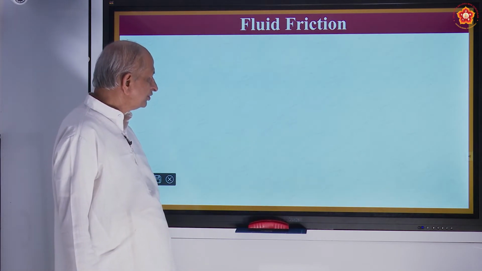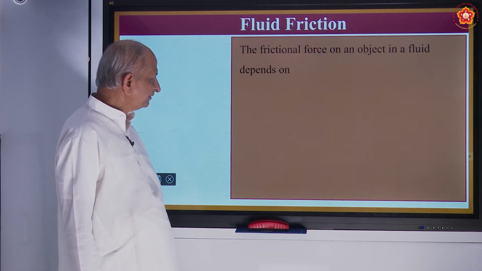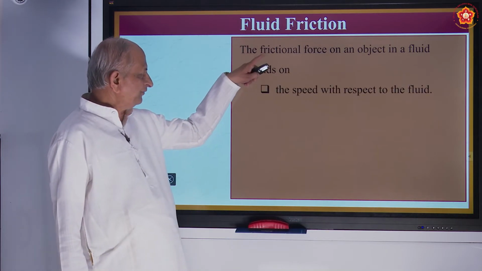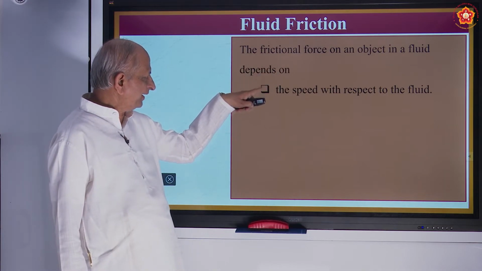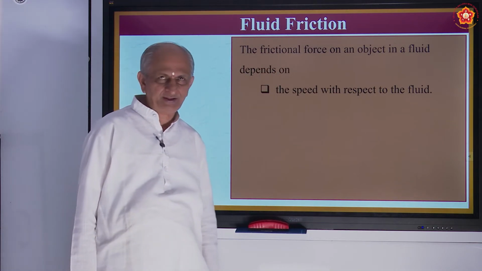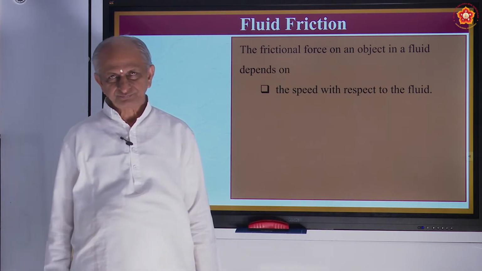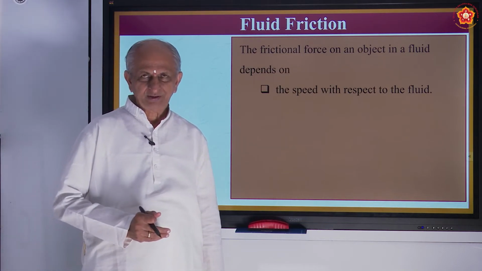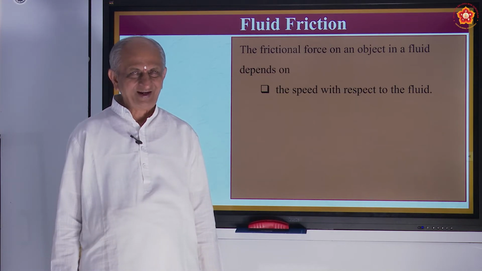Okay. For example, in one application of this fluid friction, the frictional force on an object in a fluid depends on the speed with respect to the fluid. For example, an aeroplane moves with a velocity of say 800 kilometers, 1000 kilometers, is it not?